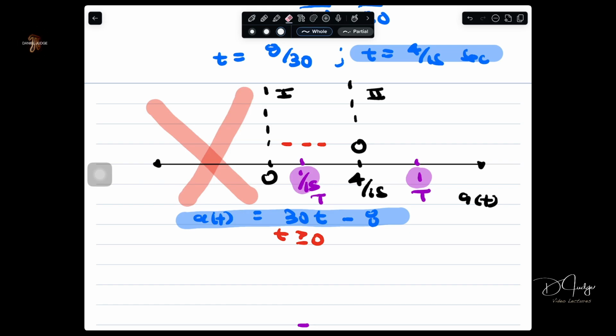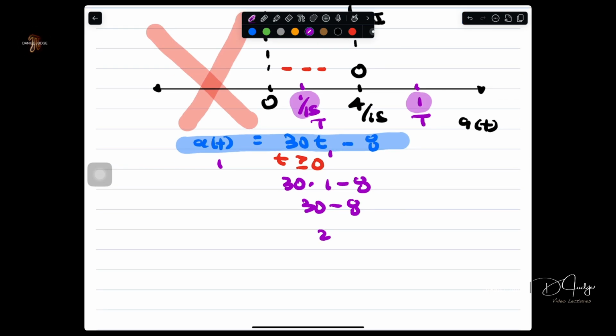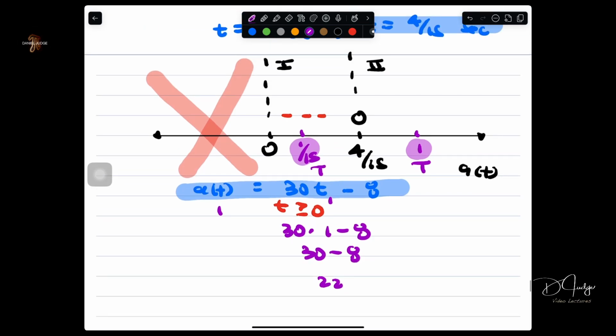We're going to do the test point now of 1 and see the sign of region 2. So this gives me 30 times 1 minus 8, which is 30 minus 8, and that's going to be a positive 22.